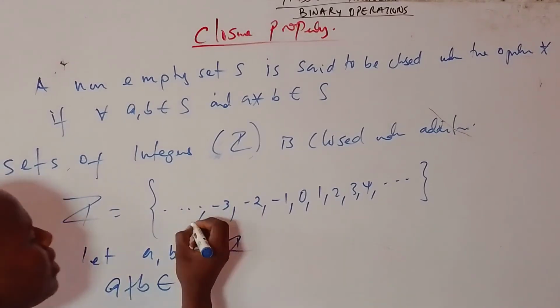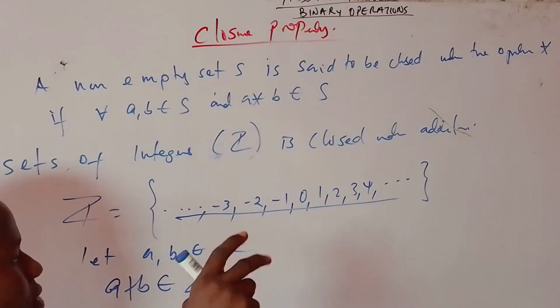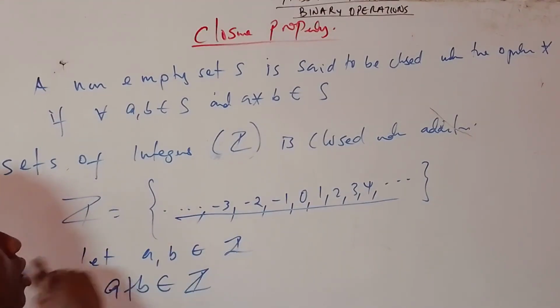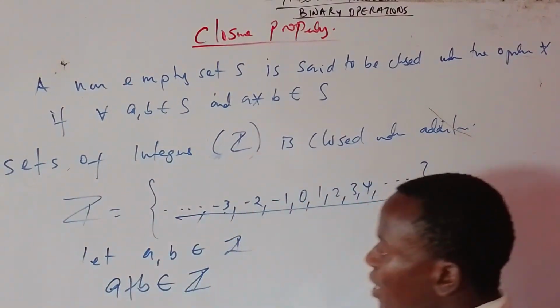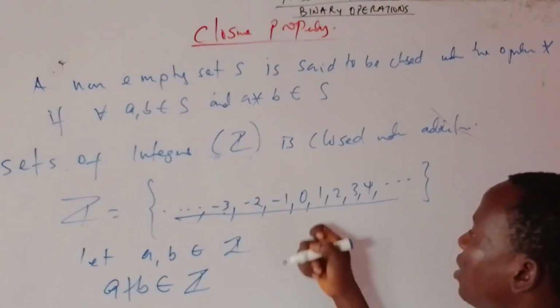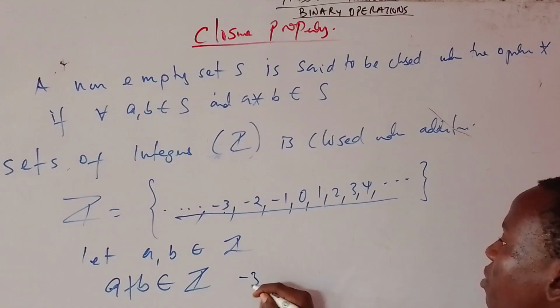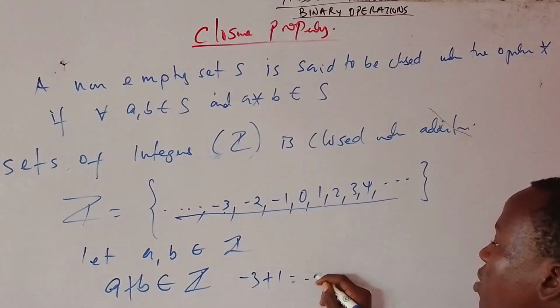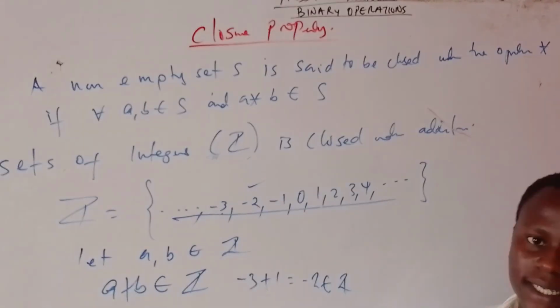So if you take any numbers from the set of integers and add them together, the result will be a set of integers. Now let's check. If our a is negative 3 and our b is 1, negative 3 plus 1 is going to give us negative 2. And we can see that negative 2 is in the set of integers.